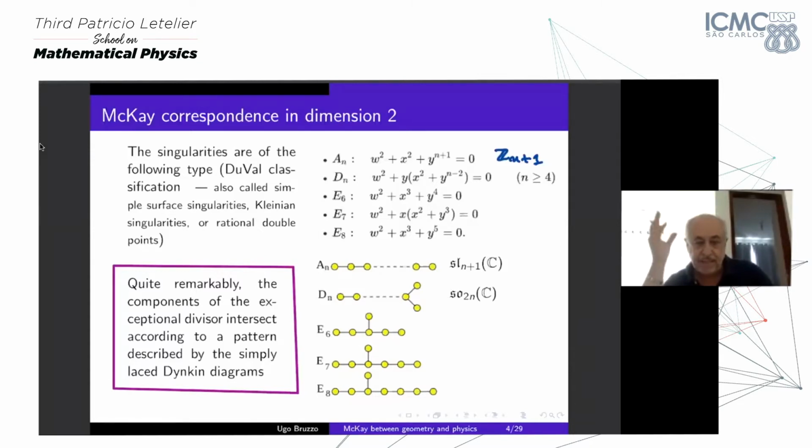So this is the exceptional divisor I'm mentioning here, and so it has several components. And the miracle is that these components have an intersection pattern which is exactly given by the Dynkin diagram associated with the group you are considering.